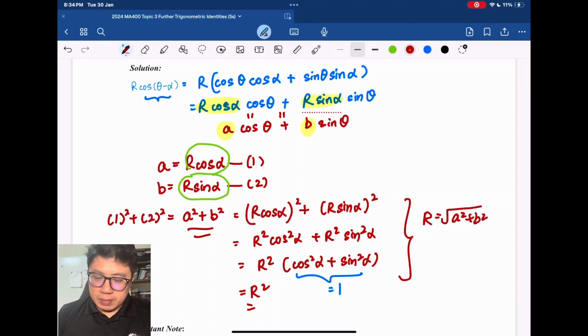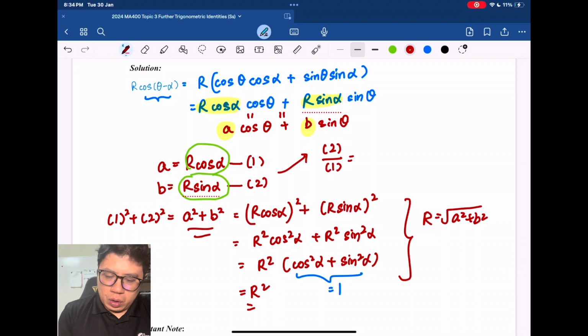Now similarly, if we take equation 2 divided by equation 1, this gives us b over a, which is the same as r sin alpha divided by r cos alpha, cancelling r top and bottom. Sine over cosine is the same as tan alpha.